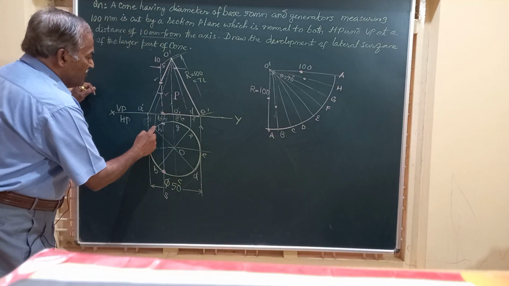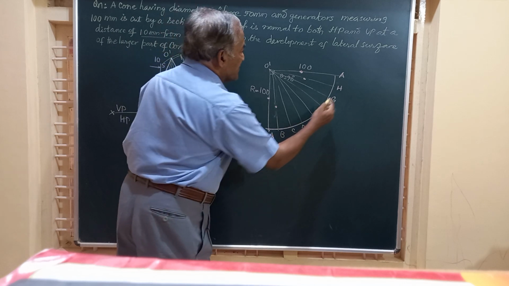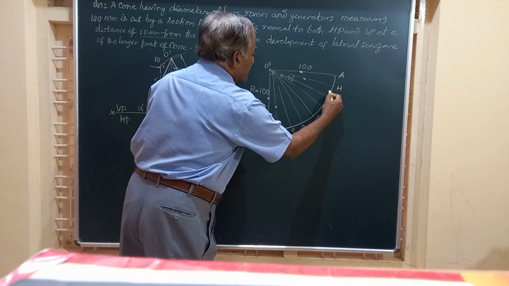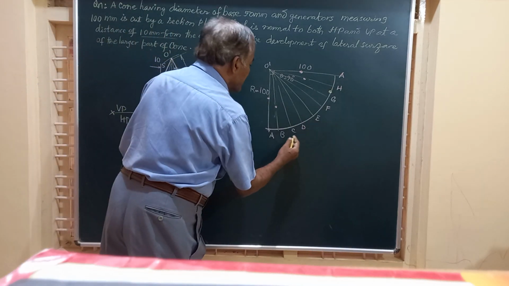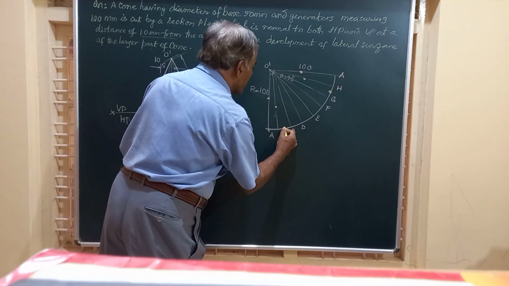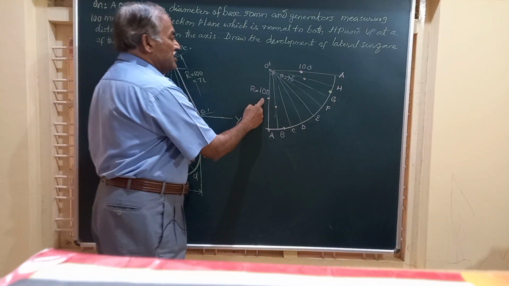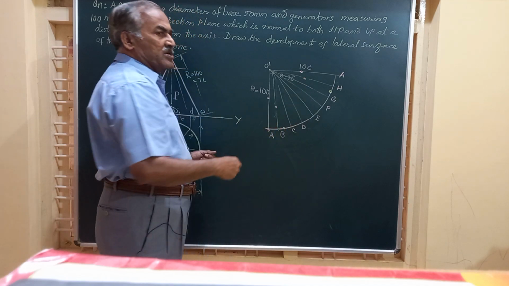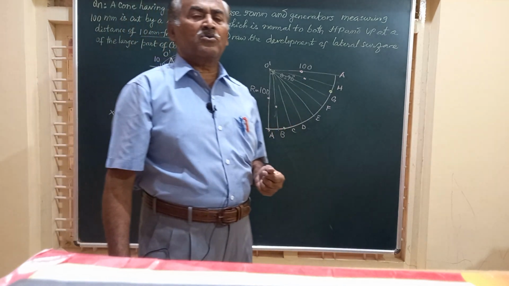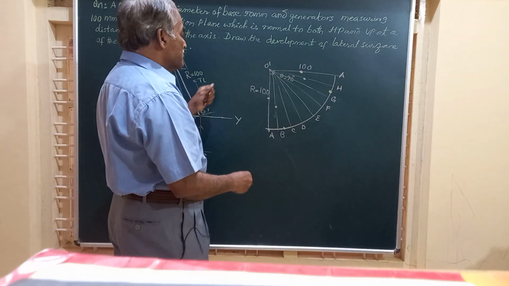So friends, we will mark on GH this point. We say okay, a point here. Similarly on BC, we have got at the same distance. Friends, we have got totally 1, 2, 3, 4 and 5. And whatever the points you have got now, please join them by a smooth curve.